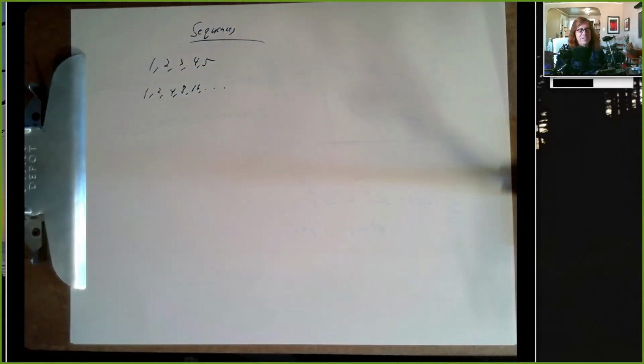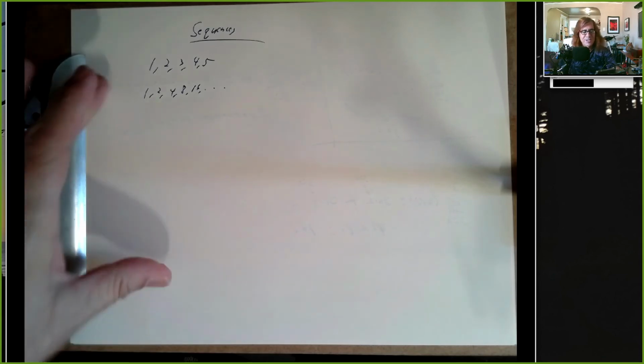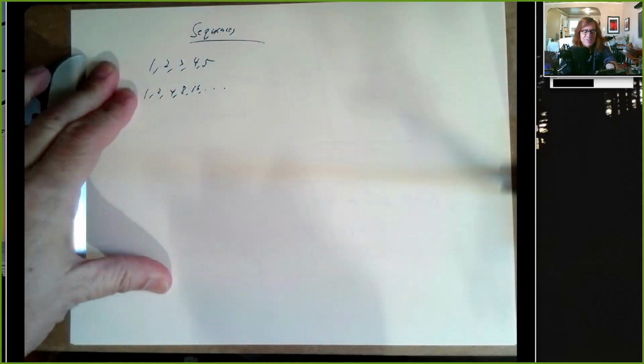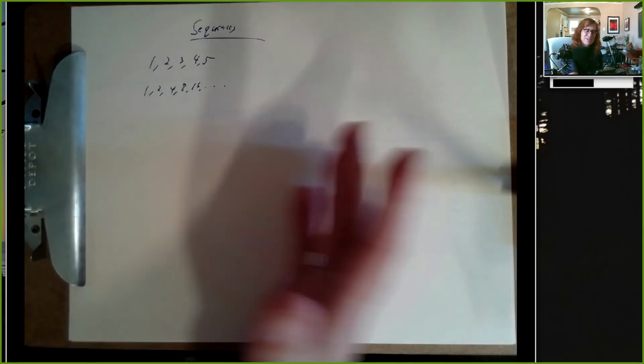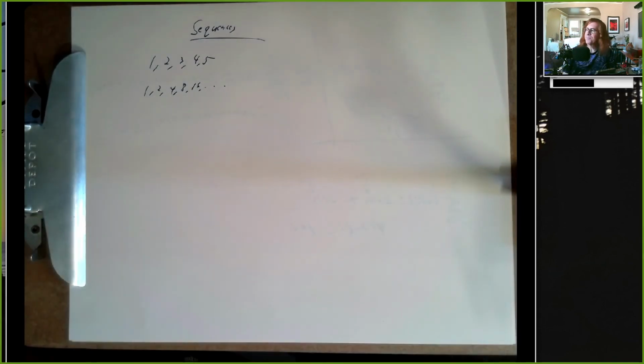Here's an infinite sequence: 1, 2, 4, 8, 16. We can guess what the next numbers are, 32, 64, etc. That's an infinite sequence. Abstractly, we can think of a sequence as an ordered collection of things. A sequence of integers would just be a set of integers listed in a particular order, separated by commas. It could be a finite number of them, or an infinite number of them.